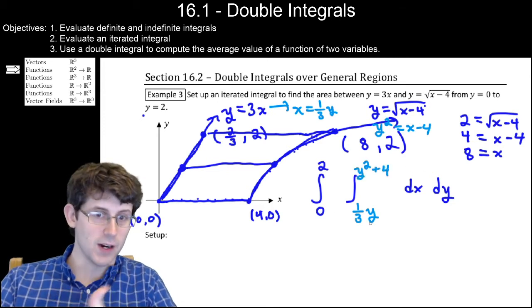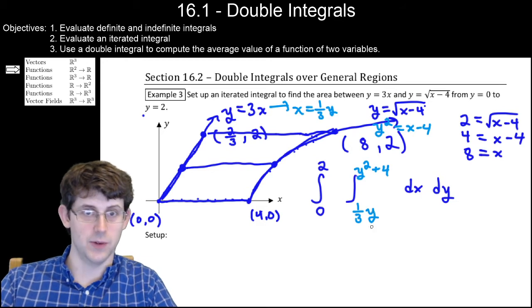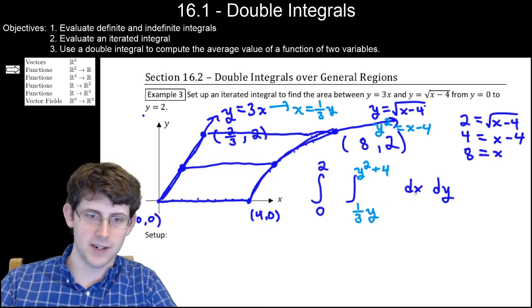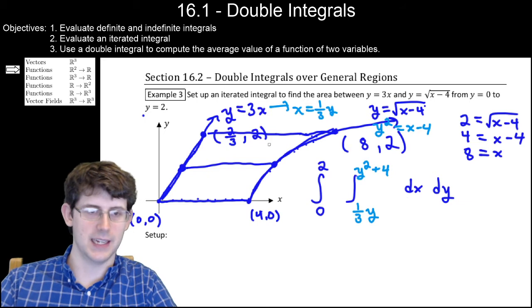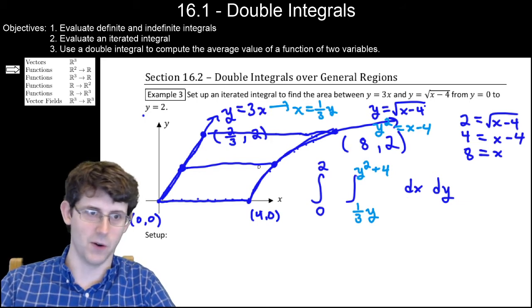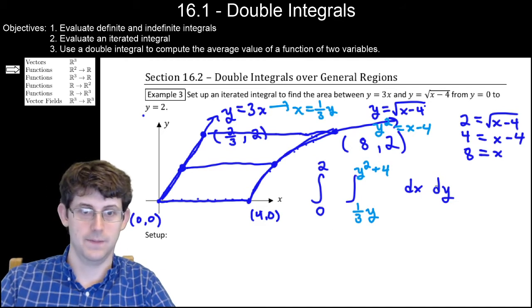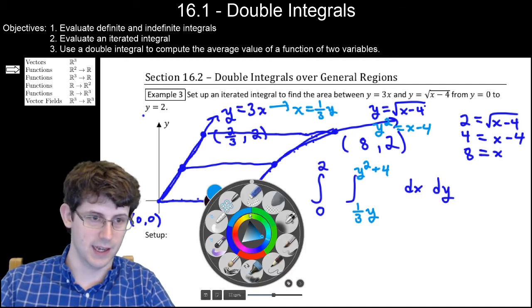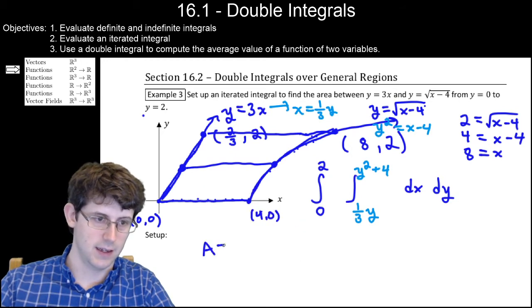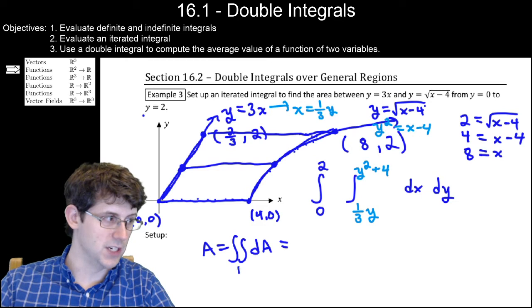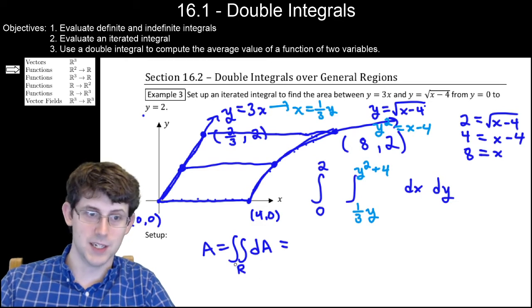This is the same work you did in Calc 2 when setting up the integral, but under a different perspective, where all this geometric info about the region should be in the bounds. So this is my setup: the area is the double integral of dA over my region, and my region R is encoded in the bounds.